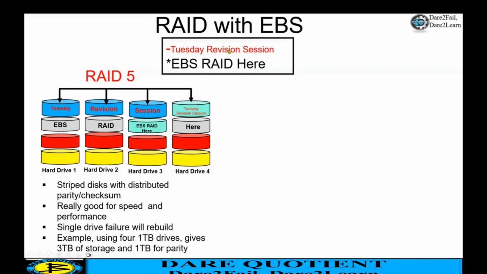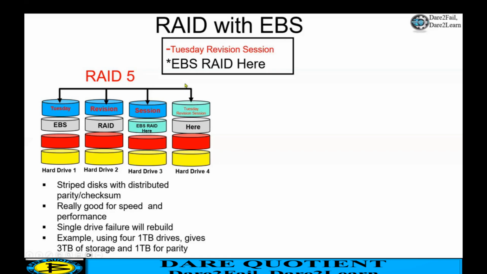So using the statement "Tuesday revision session", for the first case we have Tuesday goes into the first hard drive, revision goes into the second hard drive, session goes into the third hard drive, and the entire statement, or all your data, goes into the last hard drive. That is your parity over here, or your checksum.